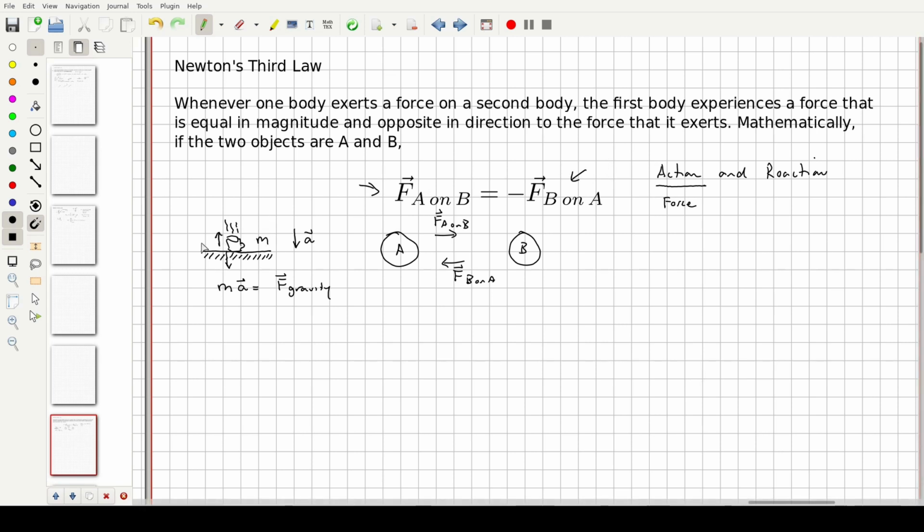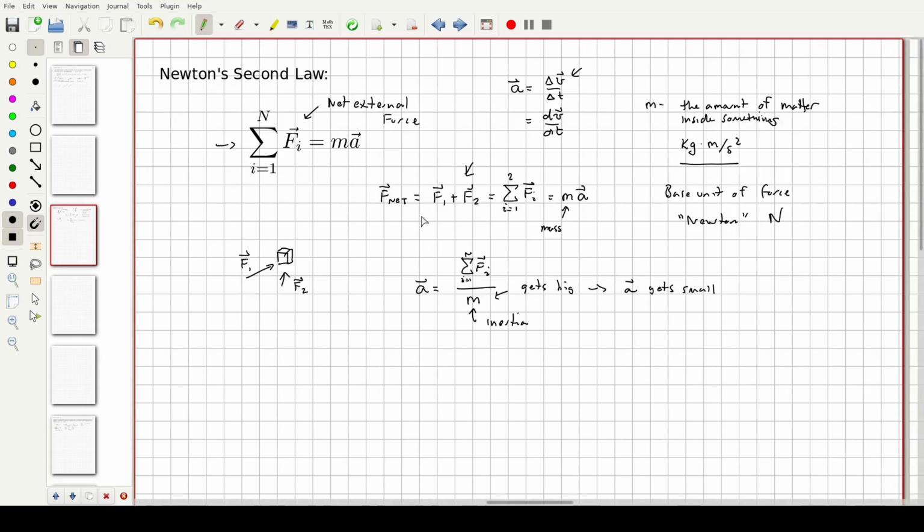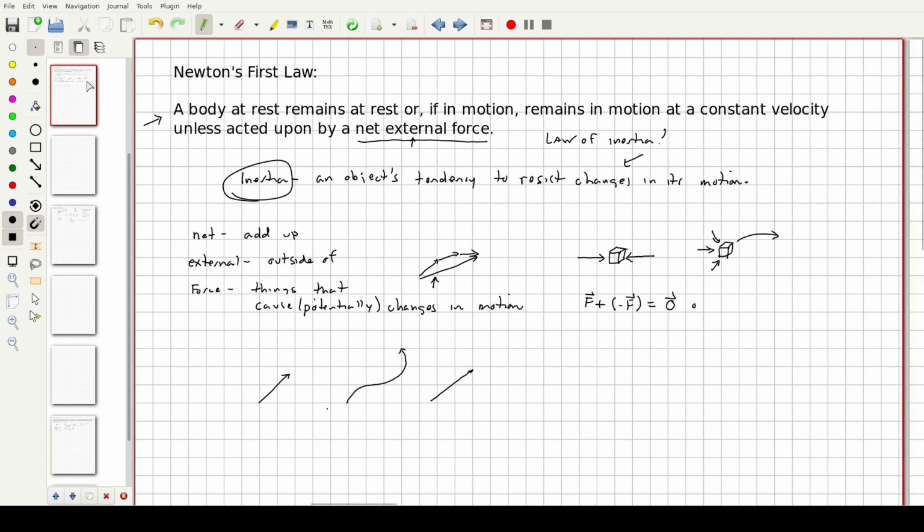Now, in this case, these forces balance each other out to produce a net force that's zero, which means that if the net force is zero, the net acceleration is zero, which means that the coffee cup is going to remain at rest on your desk.